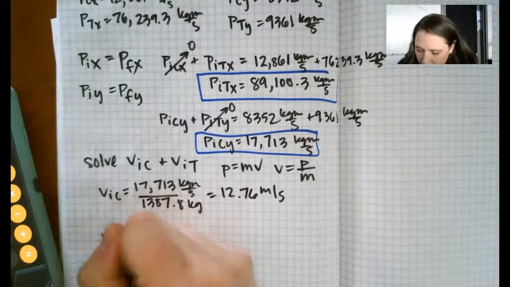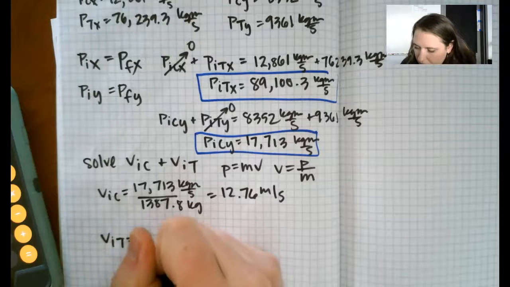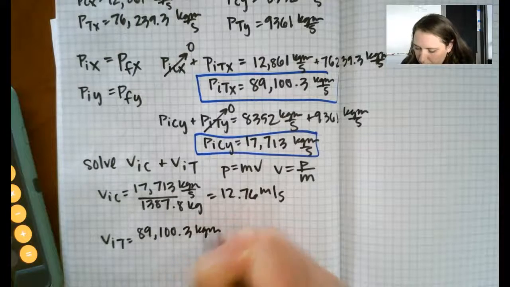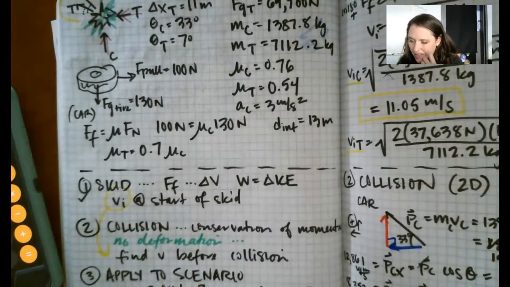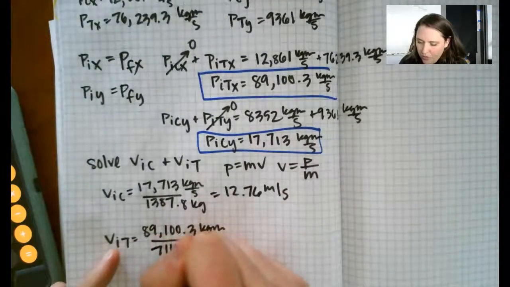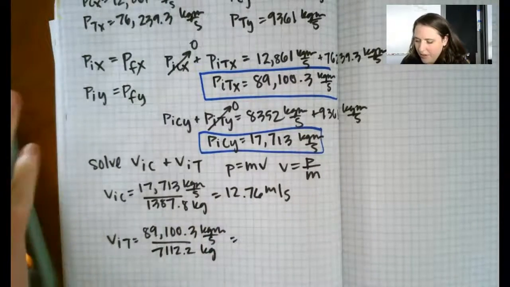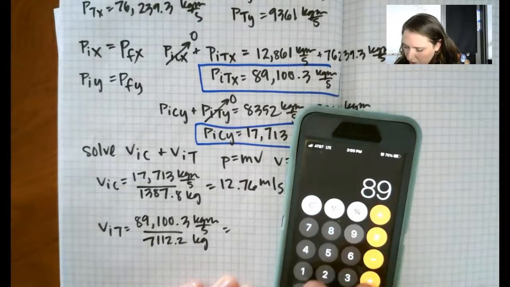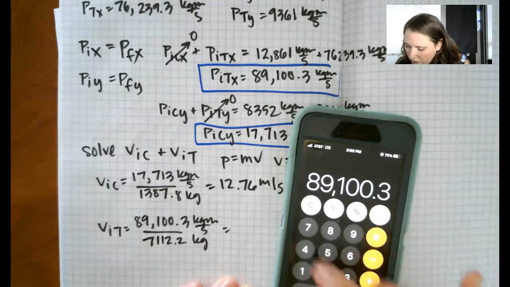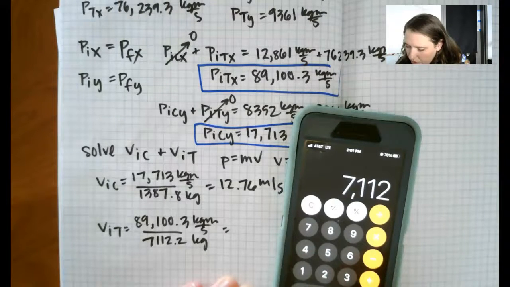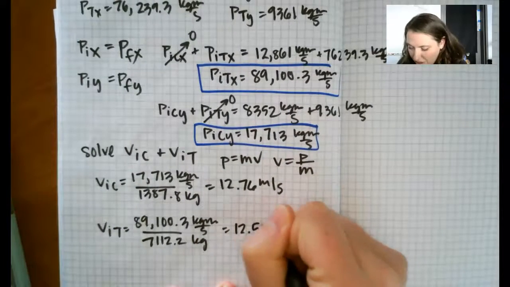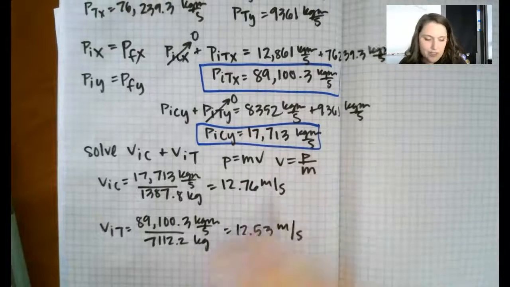Let's find the initial velocity of the truck. The momentum of the truck was 89,100.3 kilogram meters per second, divided by the mass of the truck, which was 7,112.2 kilograms. 89,100.3 divided by 7,112.2 equals 12.53 meters per second.